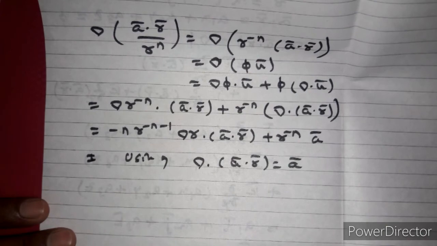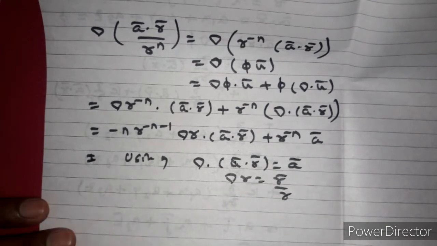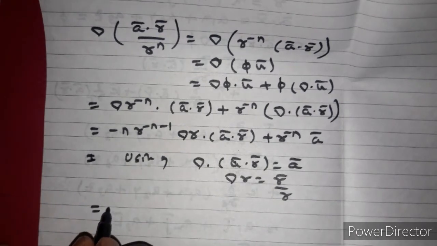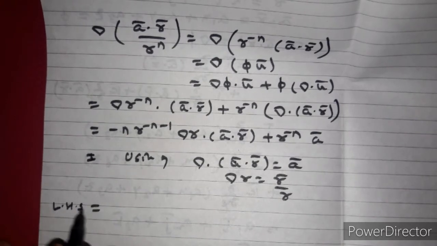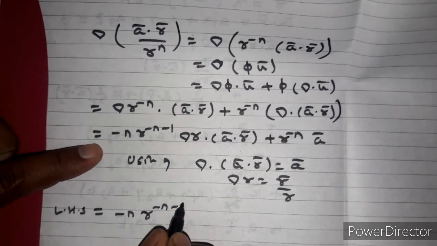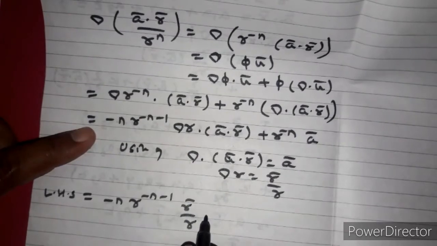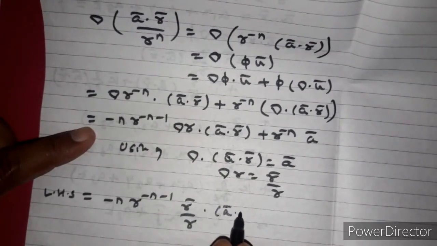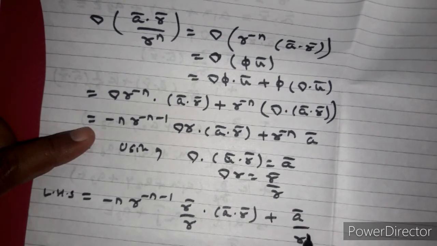And again I use del r is r bar upon r. So I get the first term as it is, minus n r raised to minus n minus 1 r bar upon r dot a bar dot r bar, plus a bar upon r raised to n.